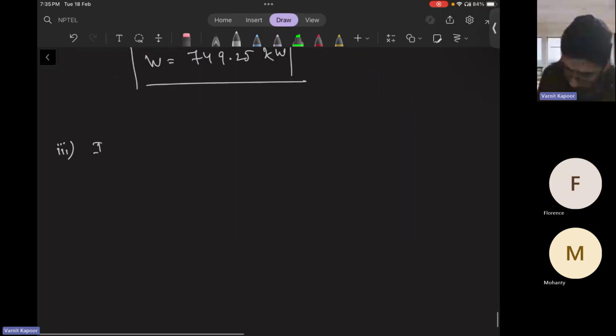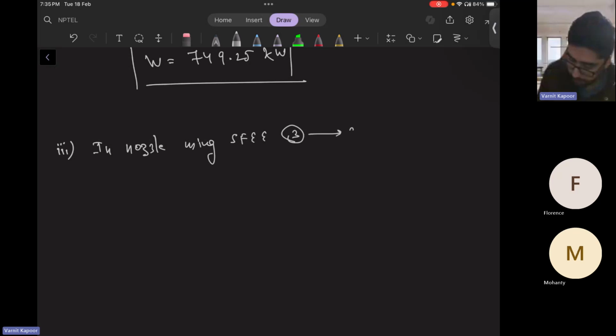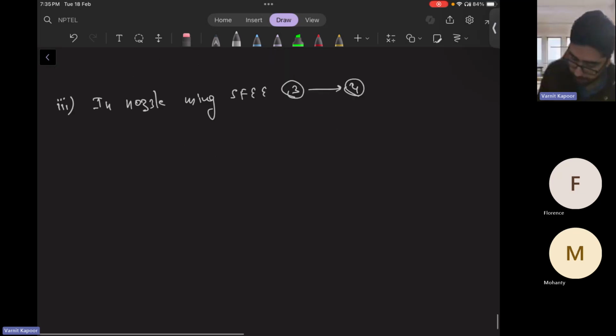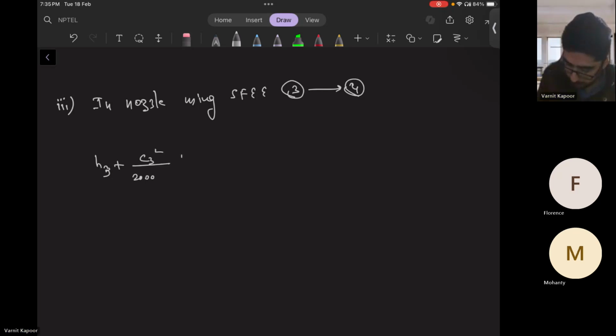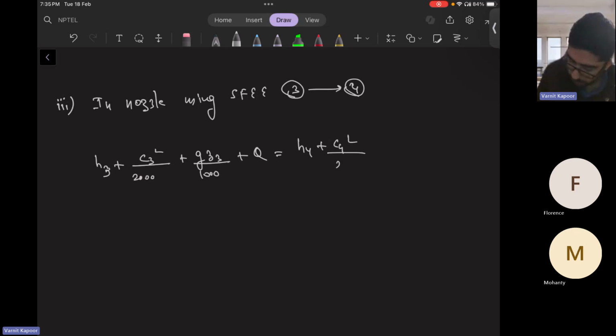So in the nozzle, using SFEE from state 3 to state 4, that is H3 plus C3 square by 2000 plus gZ3 by 1000 plus heat, equals H4 plus C4 square by 2000 plus gZ4 by 1000 plus work.